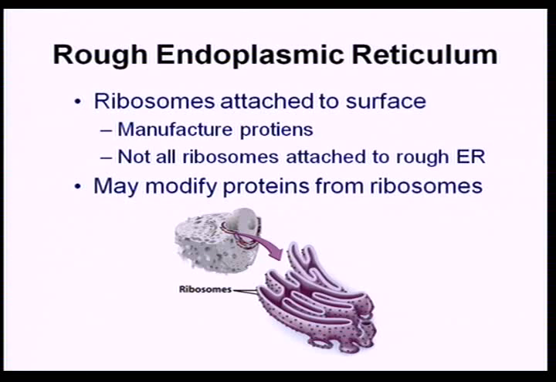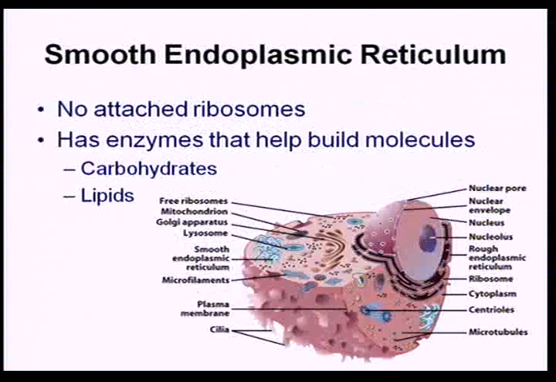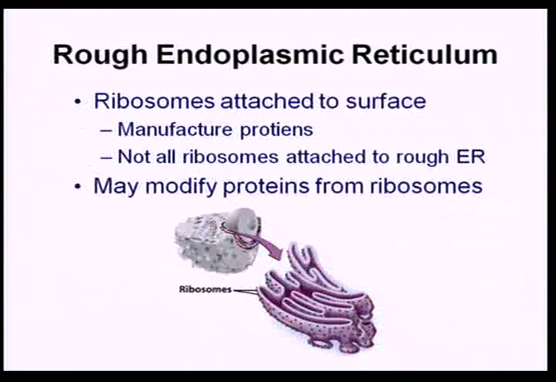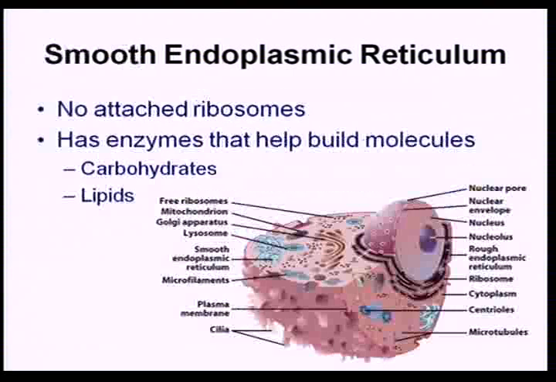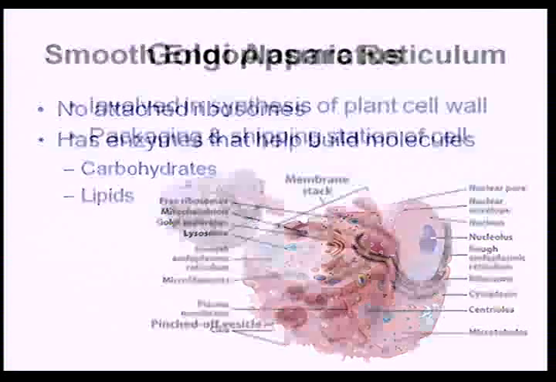If ribosomes are absent, it is called smooth endoplasmic reticulum. Rough endoplasmic reticulum makes protein, and smooth endoplasmic reticulum makes lipid molecules, or it makes carbohydrates.